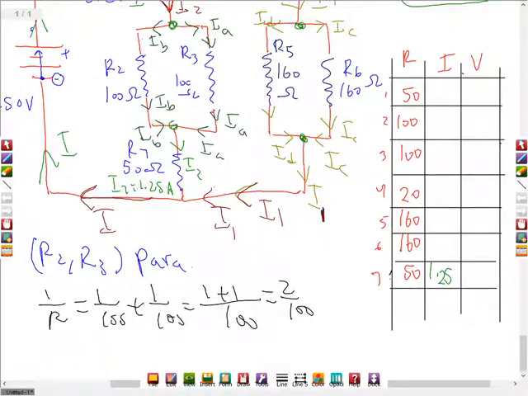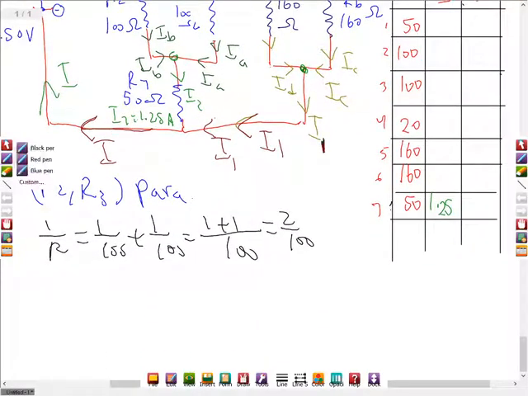So R equivalent for these two is 100 over 2, which is 50 ohms.